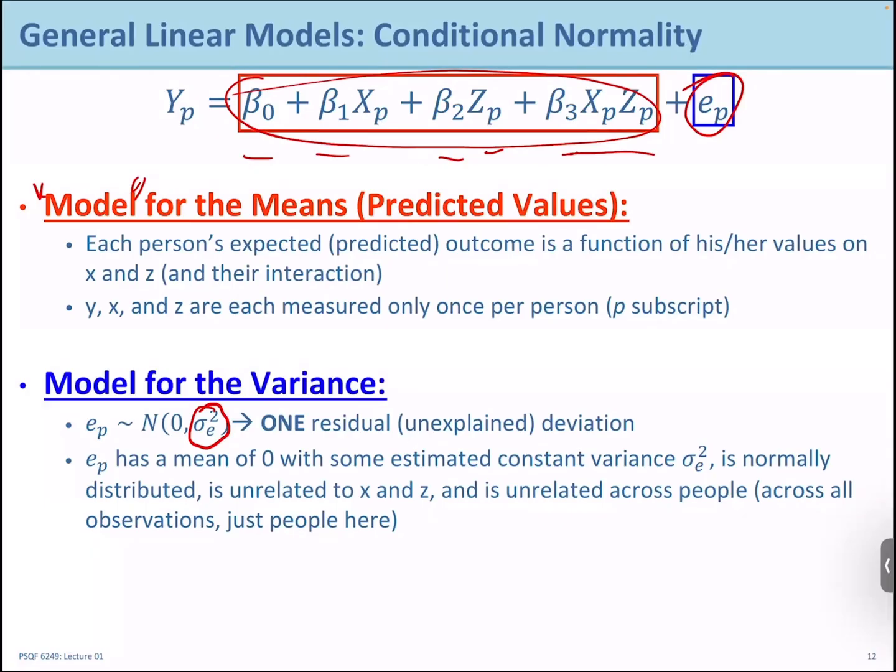The variance itself here doesn't look like a model. It's saturated, right? But you could think of it as, if we could make a model for it, it would just be one parameter. It would just be the sigma squared. And that parameter would have a constraint to it, right? Beta 0, beta 1, beta 2, beta 3, unconstrained. It can be any value. Sigma squared has to be positive, right?